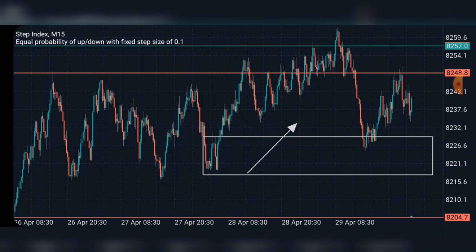If it wants to continue upward, it breaks up and then it retests the previous trending zone, or the trending range. It retests that range and then it would basically continue upward. If it wanted to change positions, it would consolidate, and then it would break down and then retest that trending range and continue downward.